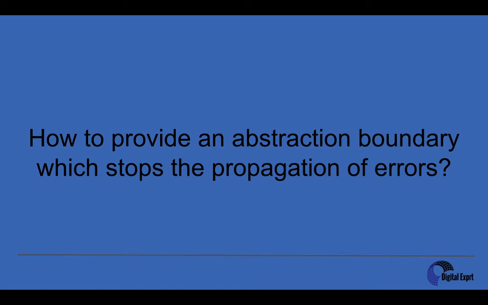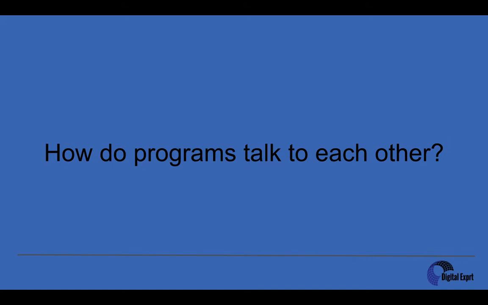And this brings us to the question that is crucial to being able to effectively manage the system, which is how to provide an abstraction boundary which stops the propagation of errors. So we need to be able to detect the arrival or the occurrence of an error, and then be able to stop it, not let it propagate. And this is something that we call an abstraction boundary.